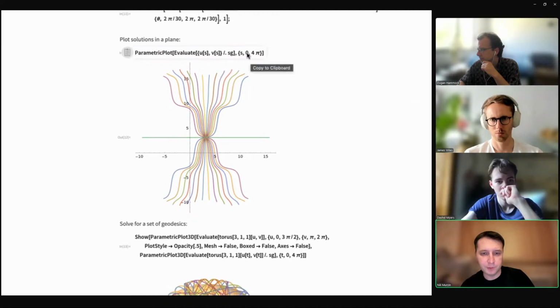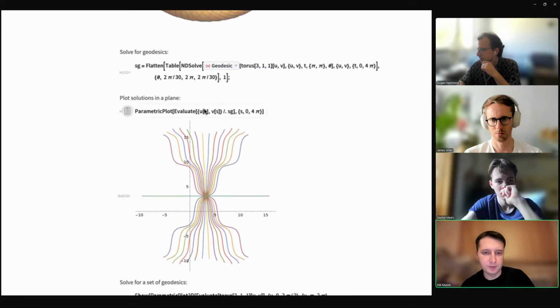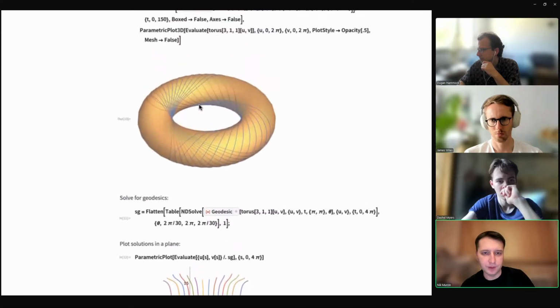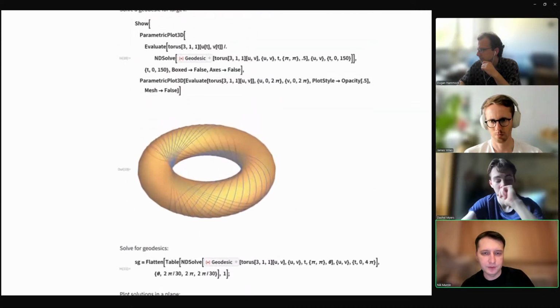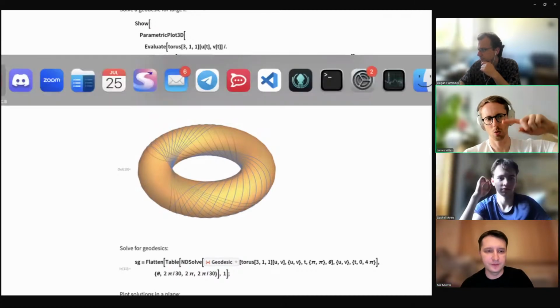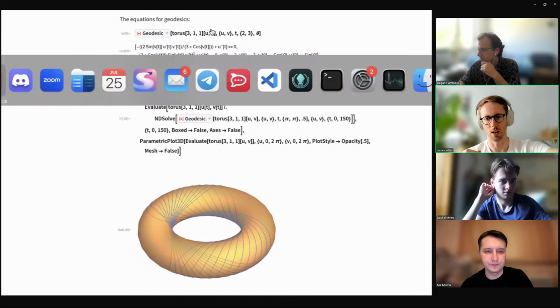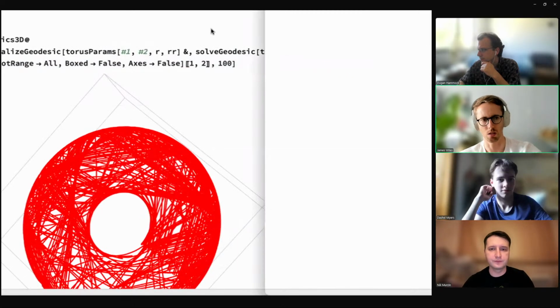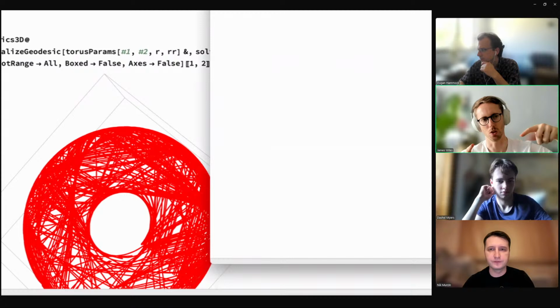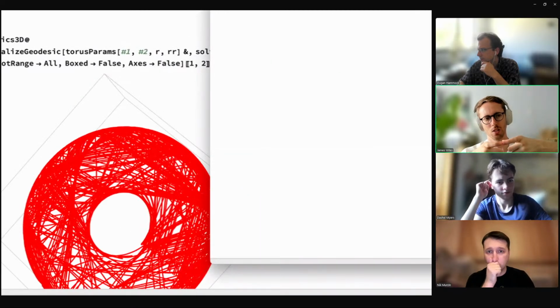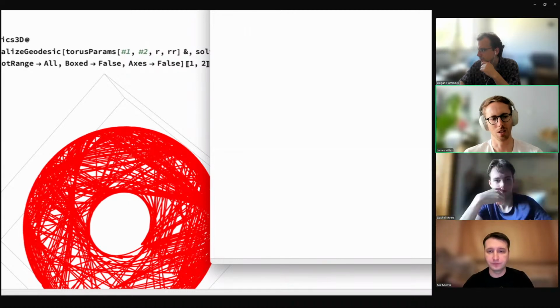The parameter is always from 0 to 4 pi. But U and V are just parameters, like a local time. Because you see how each of these blue lines always goes around the torus. So at some point it must unwind if it's constant, or does it still go around the torus and somehow stay constant?